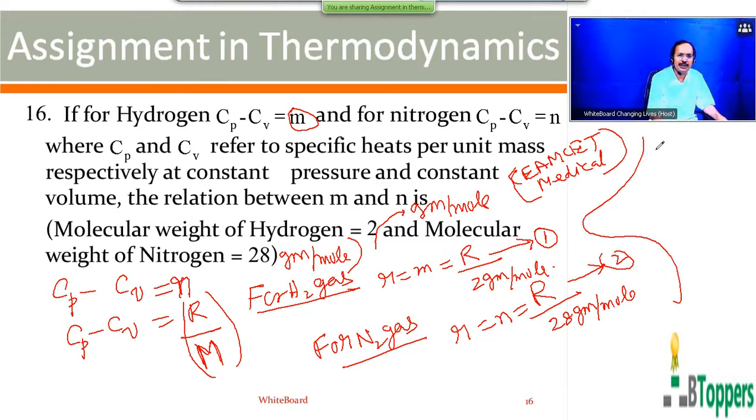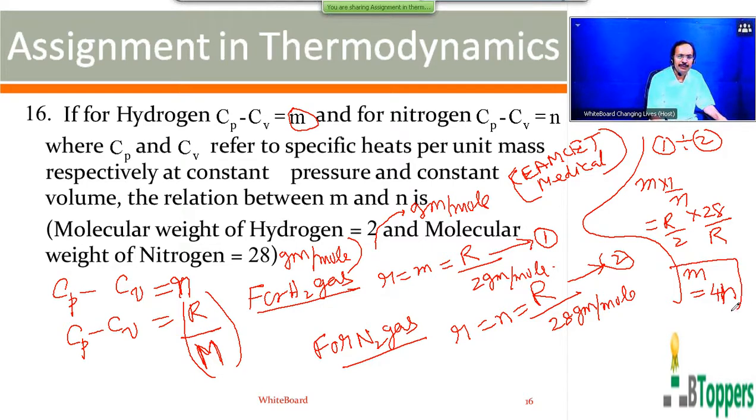So you can divide equation 1 by equation 2. So you get small m equal to 14 times small n.